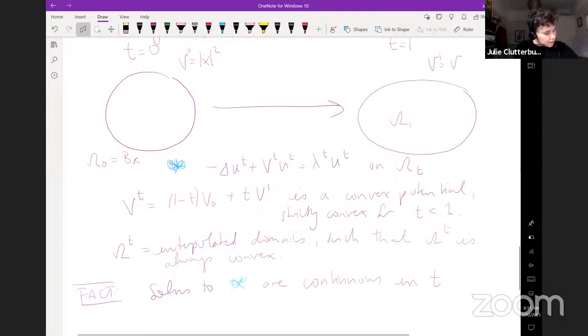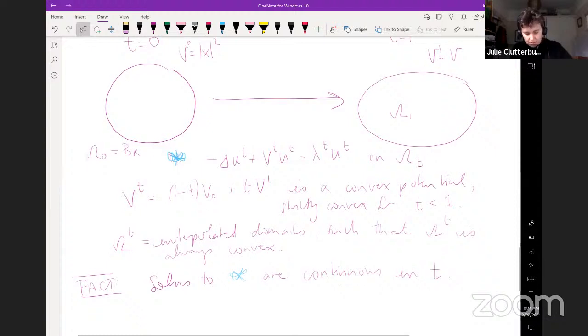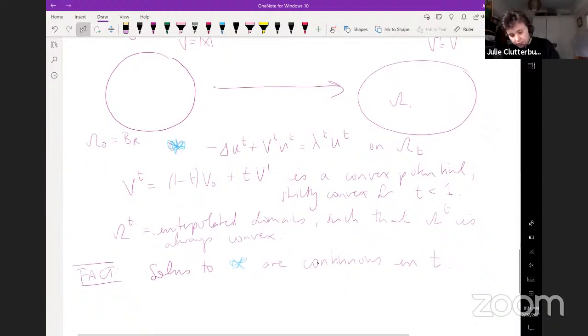And then we go along and say, okay, why don't we find the first point as t goes along at which this property fails to hold.